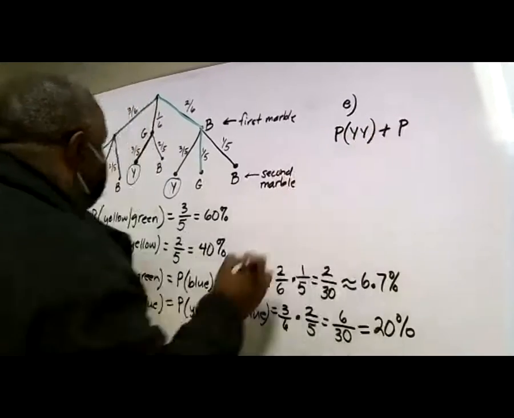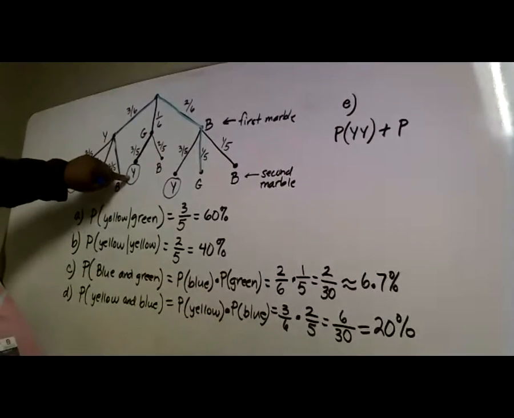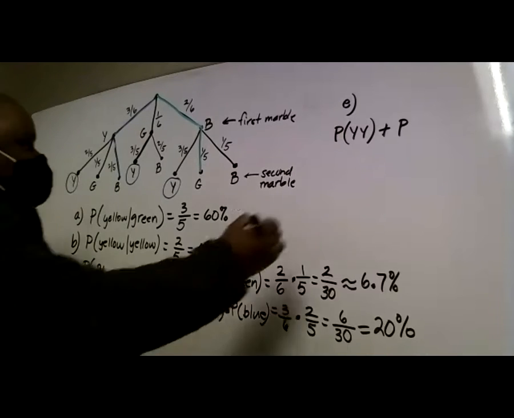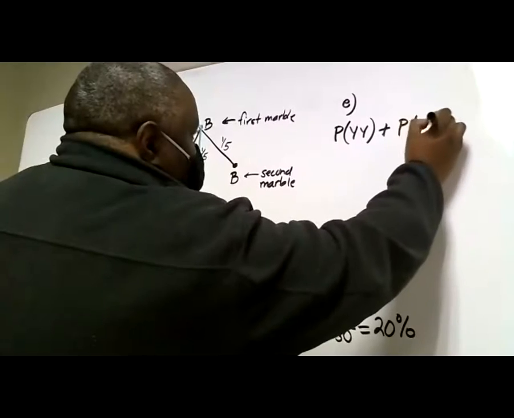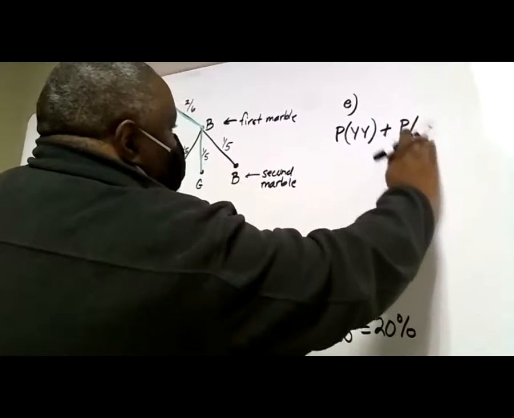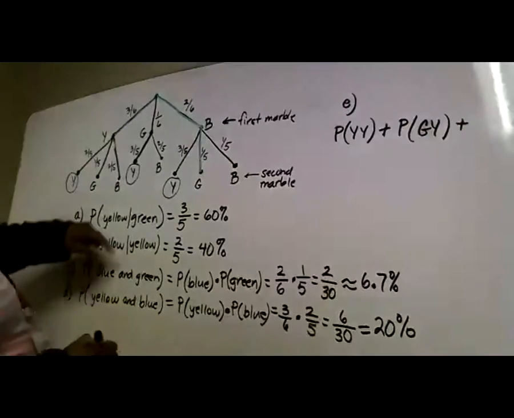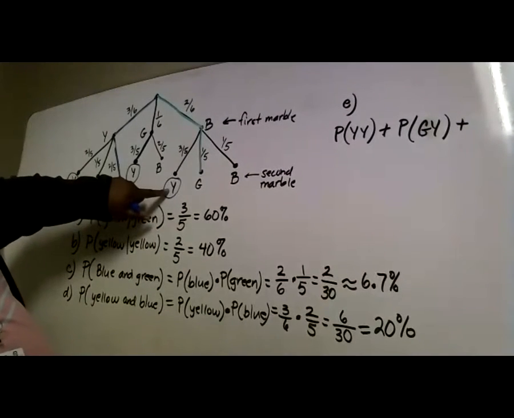And then we have to add to it. For this one, we have to go from a green to yellow. So we have to get the probability of a green to yellow. And then we got this second marble is also yellow.